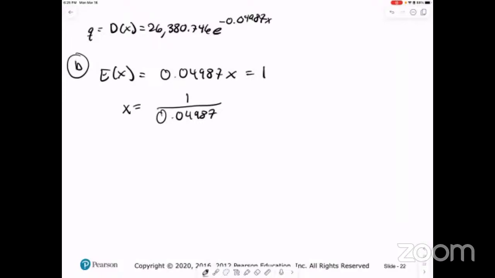Siri, what's 1 divided by 0.04987? 1 divided by 0.04987 is approximately 20.0521. So $20.05. That's a reasonable result for some honey-based topical cream.